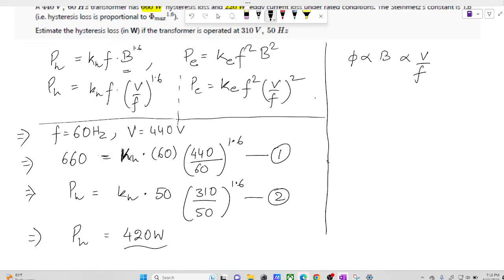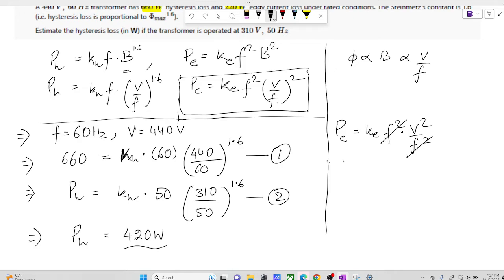Now they've asked for the eddy current loss under these operating conditions. For this equation we can write P_eddy is K_E, since F is in the denominator and has power 2, we can cancel out F squared into V squared by F squared. So eddy current loss is directly proportional to V squared, independent of the operating frequency.